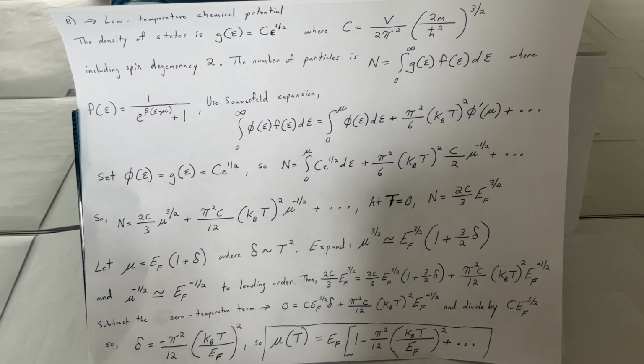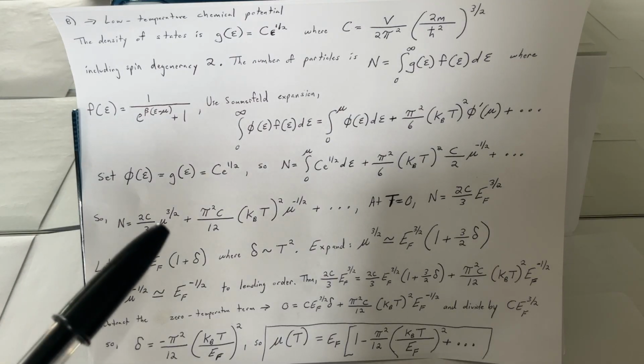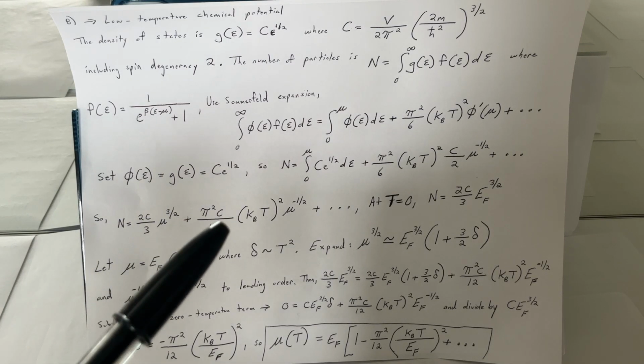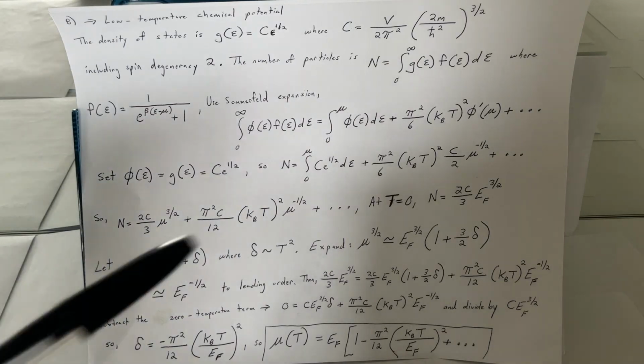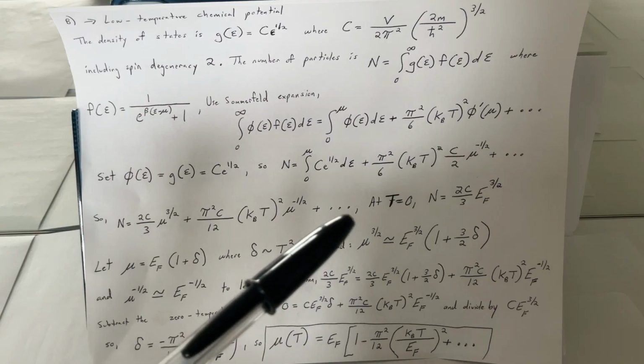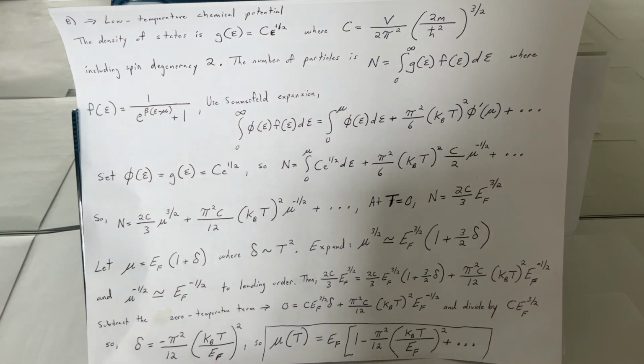Okay, so from here, N equals 2C over 3 mu to the 3/2 plus pi squared C over 12 times the quantity k sub B T squared mu to the negative 1/2, plus so on and so forth. And at T equals 0, our N equals 2C over 3 E sub F to the 3/2.